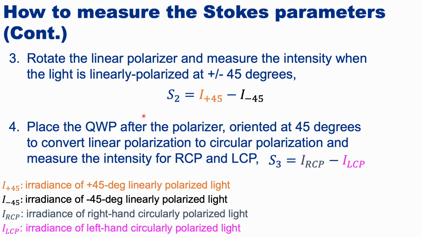For getting your third Stokes parameter, you need to rotate the linear polarizer to plus and minus 45 degrees, and then you do the subtraction of those intensities. And finally, after the linear polarizer, you introduce the quarter wave plate to change the linear polarization state to circular polarization, and then you rotate it to have right hand circular polarization and left hand, measure the intensity and do the subtraction to estimate S3.